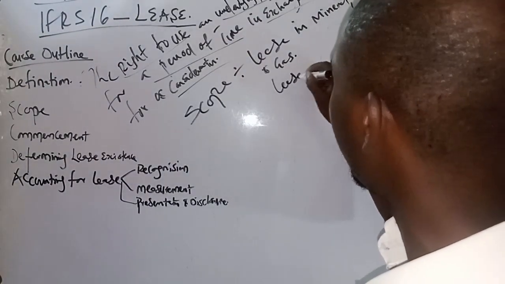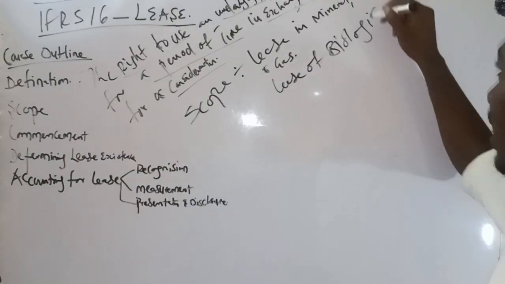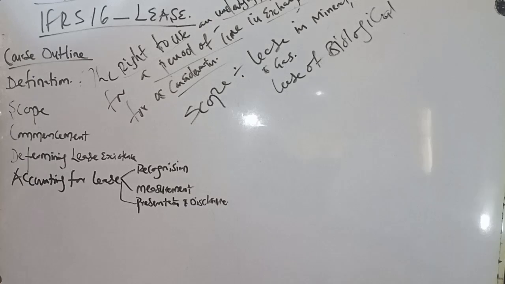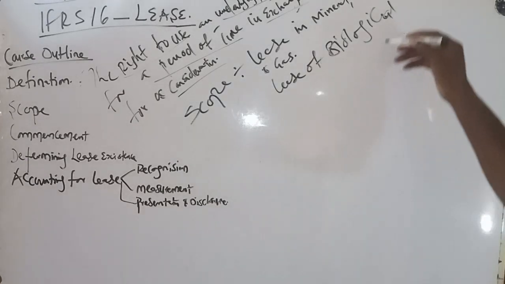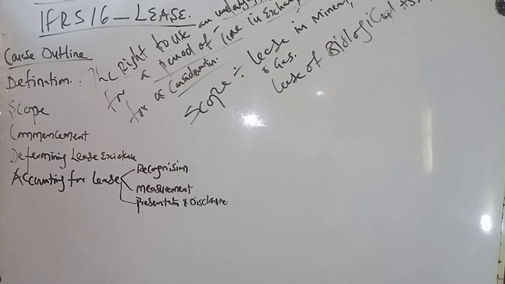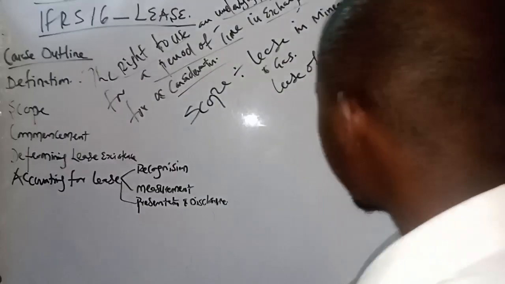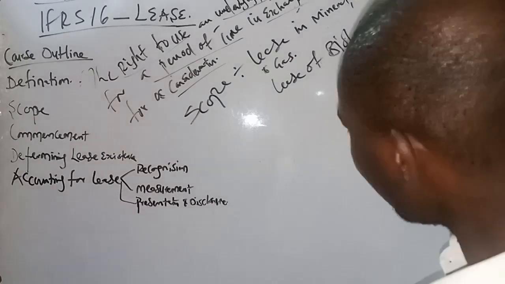It also covers leases of biological assets. For instance, some people will say they are giving you a farmland. When they are giving you a farmland for use for a period of time, that is a lease. So it covers that.